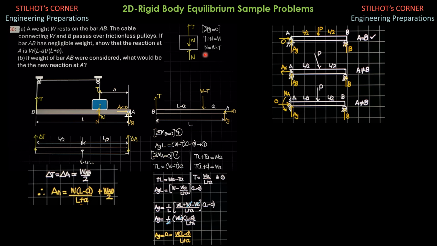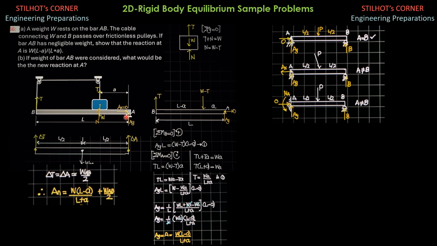So therefore N, the transmitted force at this point of contact, is W minus T. It is upward here, so that when we draw the free body diagram of the bar, this remains upward because that is the tension at B. AY is assumed to be upward. AX will not change value and direction because this is an external support. And take note that AX is 0 because no load here is horizontal.